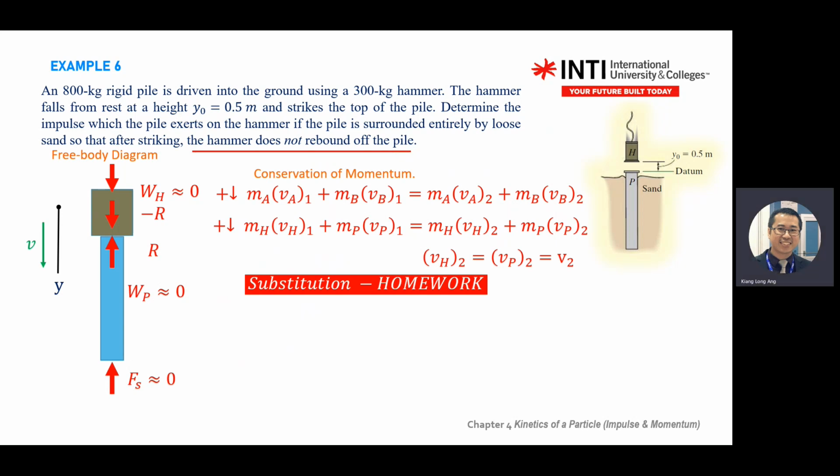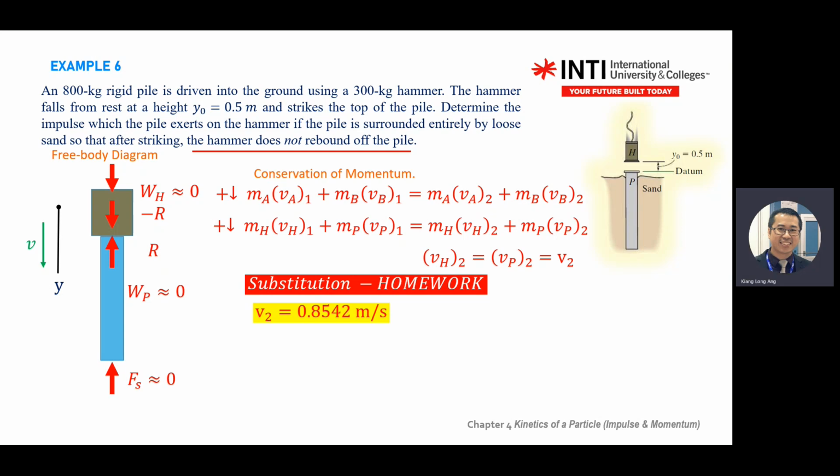What is A? What is B? Go and label. If hammer is A, you write A. Pile is B, then you write B. Or you can label hammer, then H, then MH. Then you substitute, you get your velocity number 2.